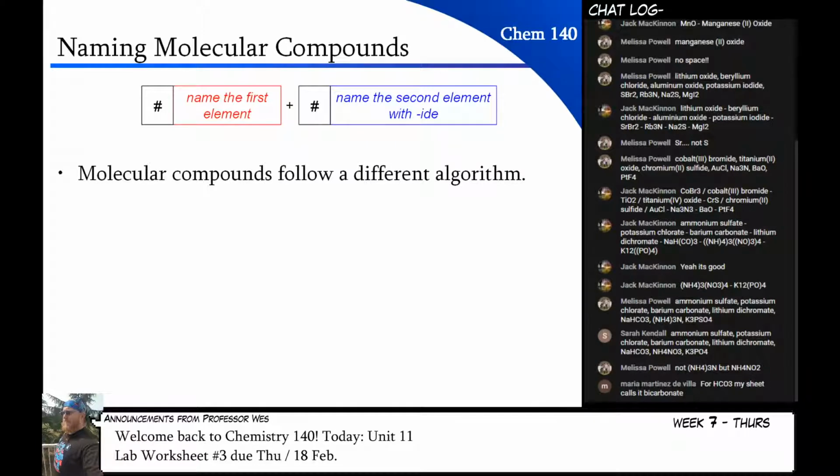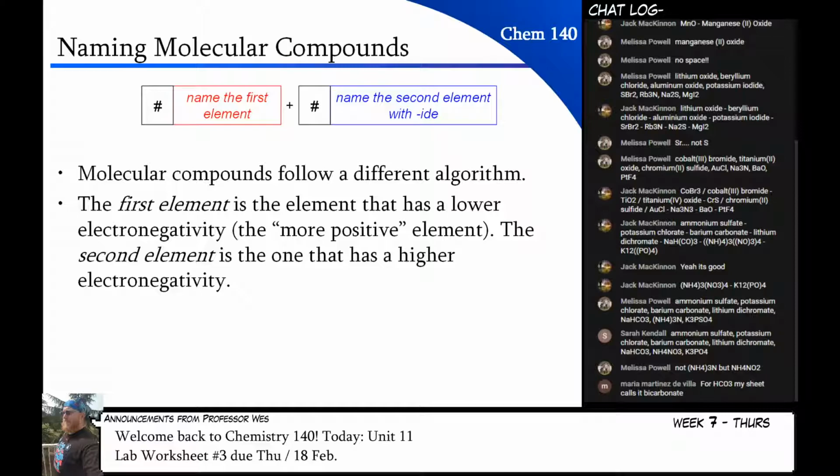First, identify if you have something that is molecular or covalent. If there are no metals in it and there's no ammonium, then you're going to name it using these rules, okay? Now, we have not introduced this topic, electronegativity, yet in this class. I'm not really sure why that's showing up here. But the first element is going to be the element that is listed first in the formula.